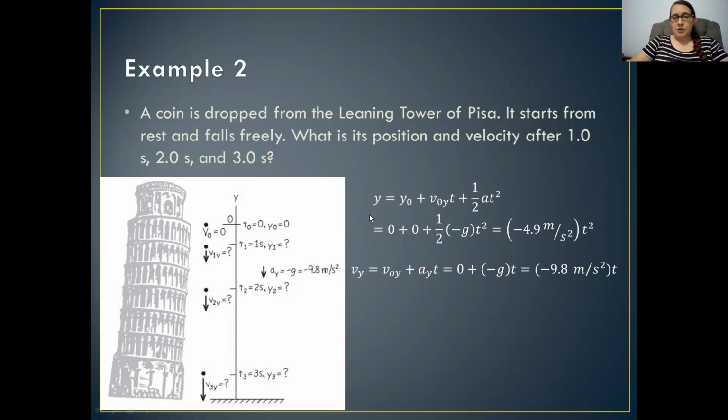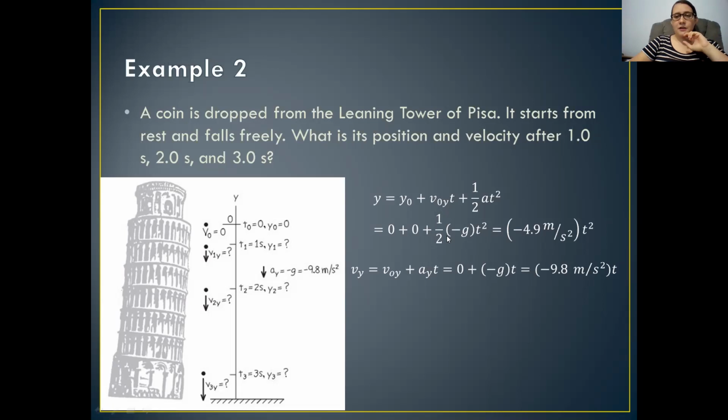So its position at a certain time equals its initial position of 0 plus its initial y velocity, which is 0 because it's starting from rest. So 0 times time is 0, plus 1/2 the acceleration in the y direction, which is just the acceleration due to gravity, times t squared.